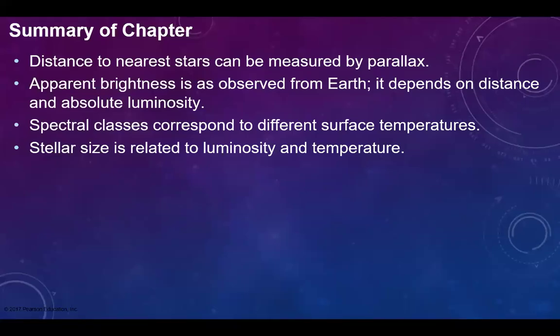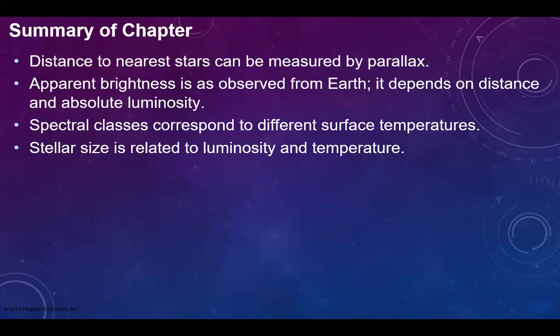So in the summary of the chapter, distances to the nearest stars can be measured via parallax. Beyond that, there's a whole ladder of techniques we can use for distance. The most common is something called the standard candle, where you know precisely how bright something is from some properties.